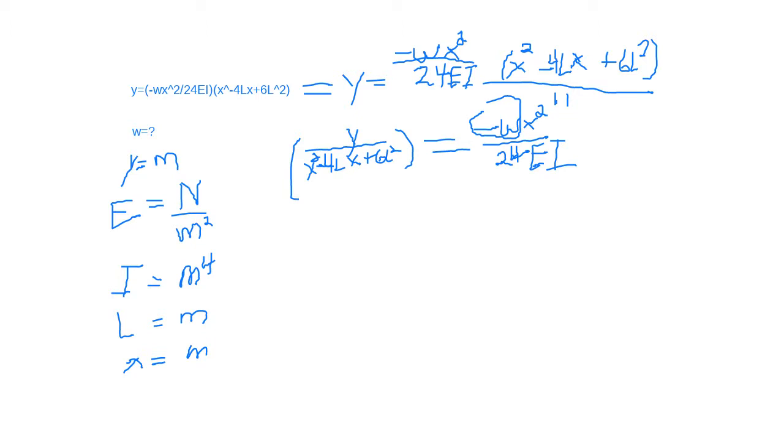Multiply both sides by 24EI. All right, cool. So that'll get rid of that, and 24EI will be there. And I guess you divide both sides by negative x squared.